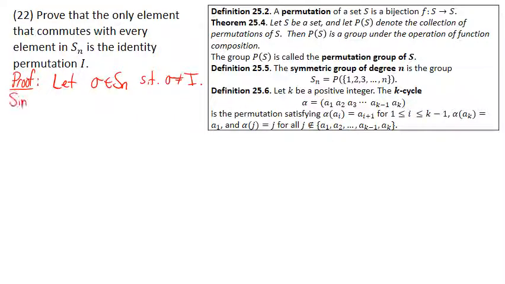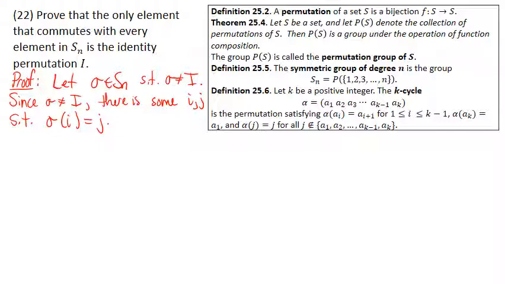Since sigma is not the identity, I know that sigma has to move at least one element, so there is some i and j such that sigma of i equals j. In other words, sigma must move some element, and I'm calling that element i and the output j.